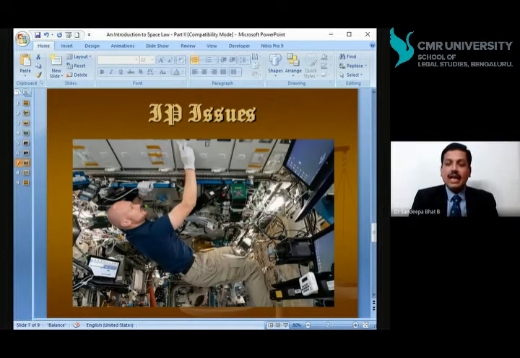Another significant practical aspect is intellectual property issues. With the development of the International Space Station, it is very clear that inventions are going to be made in these stations. Especially, inventions in outer space have their own advantages.